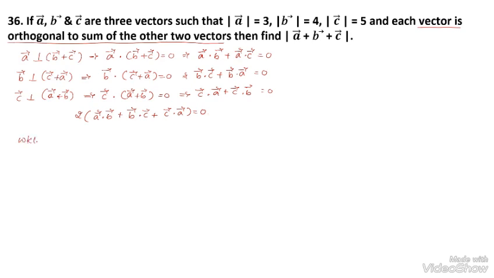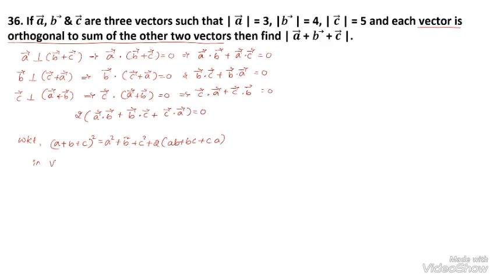We know the algebraic formula: (a plus b plus c) whole square is equal to a square plus b square plus c square plus 2 into (ab plus bc plus ca). This is the formula for (a plus b plus c) whole square. Now I can take it in vector form.